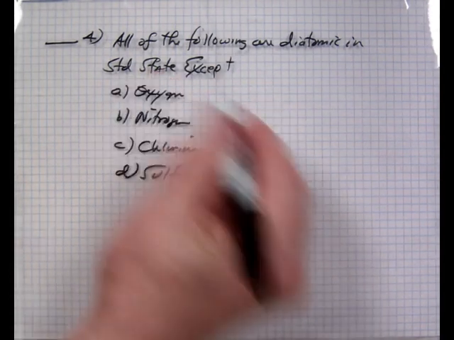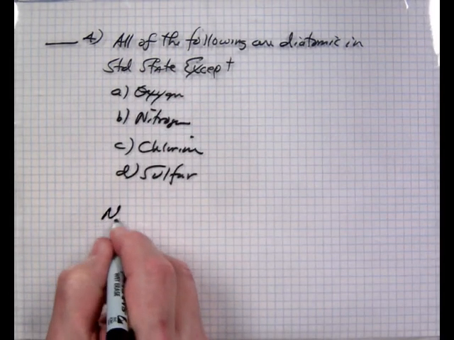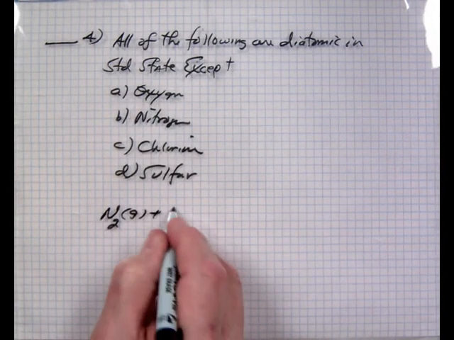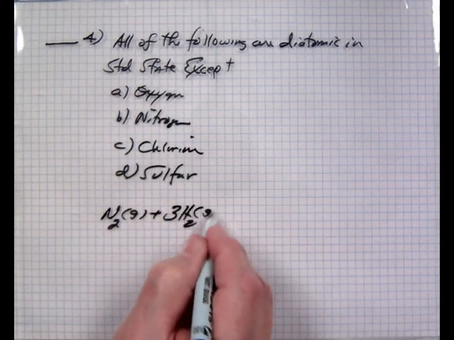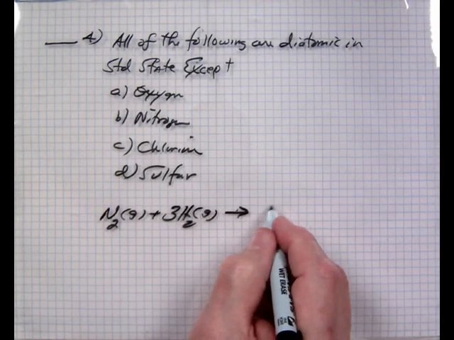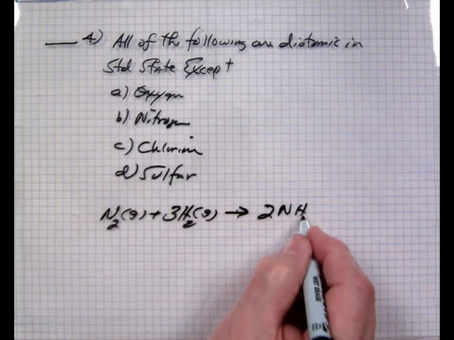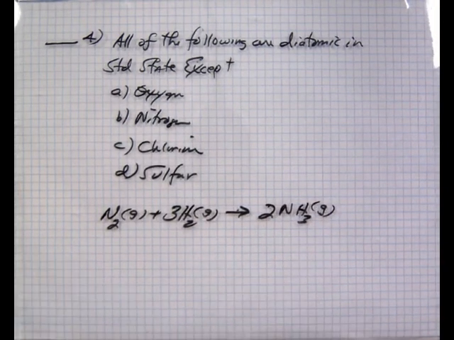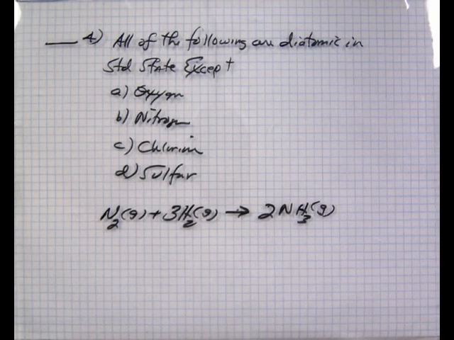If I write N2 gas plus 3H2 gas goes to 2NH3 as a gas, what information can you write down about this equation right now?